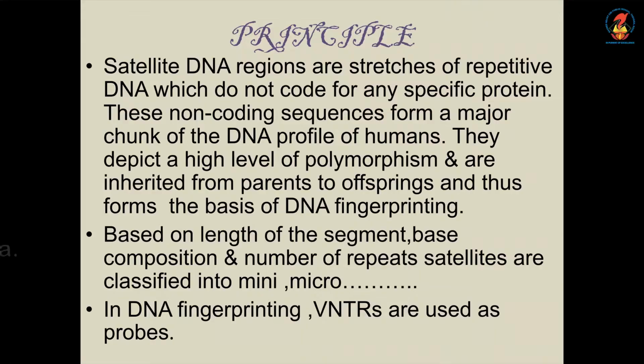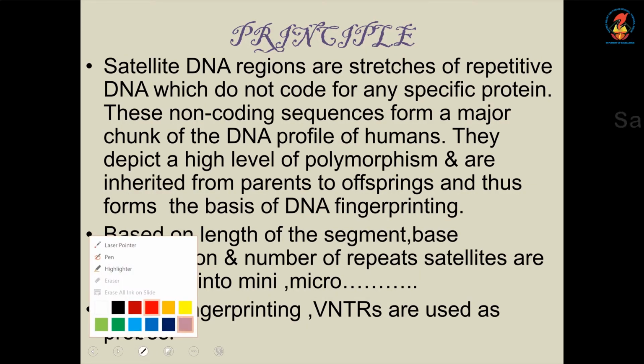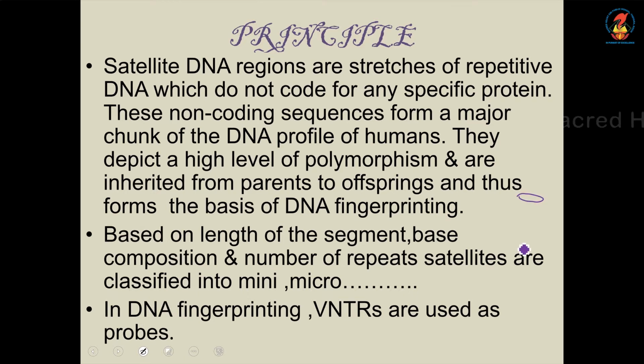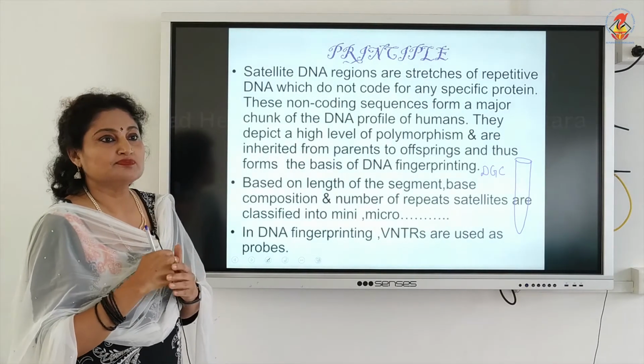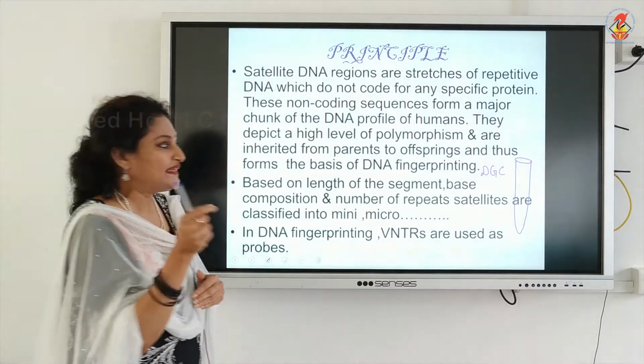And when this was centrifuged in a centrifugation called density gradient centrifugation, this particular repetitive DNA, that small stretch of repetitive DNA was separated from the bulk DNA as small peaks.